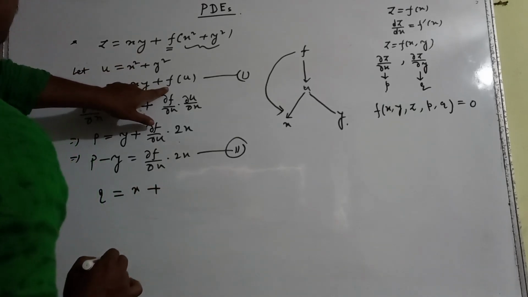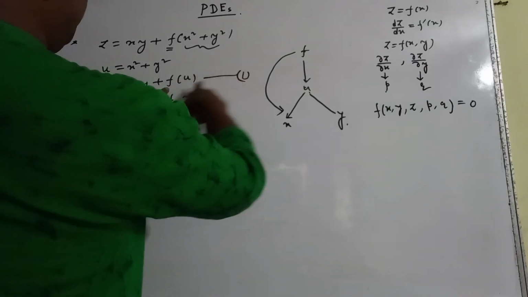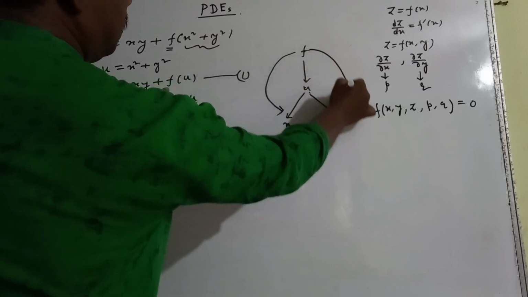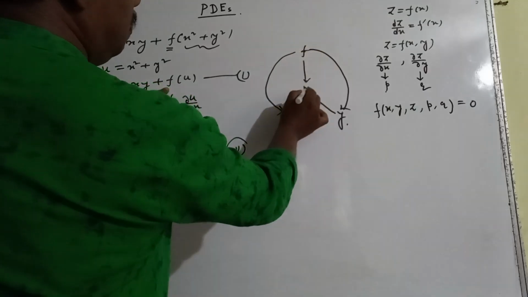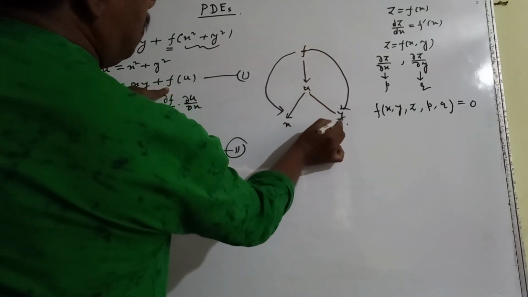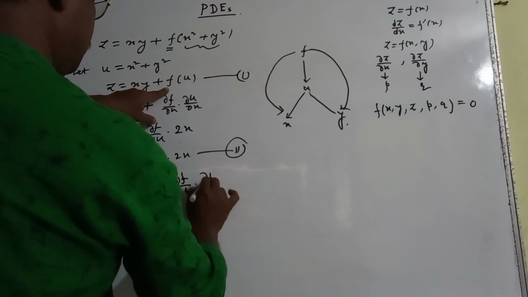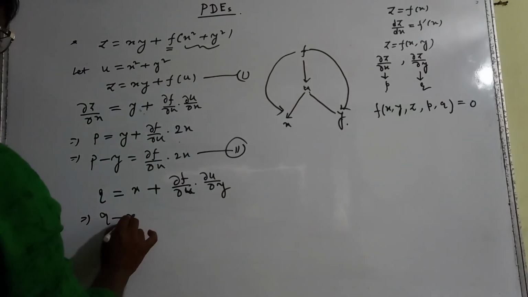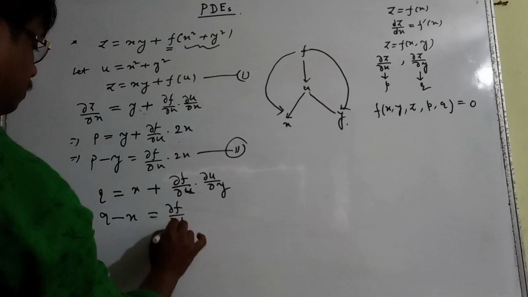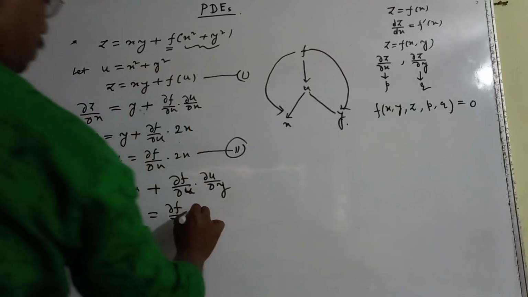And the derivative of f with respect to y is del f del u into del u del y. This means q minus x equals del f del u into del u del y. Since u equals x square plus y square, del u del y is 0 plus 2y, that is 2y.